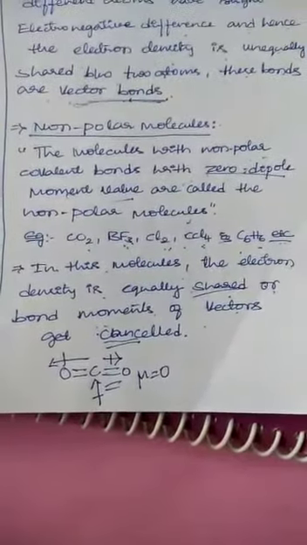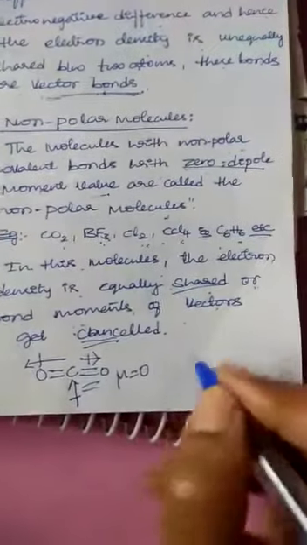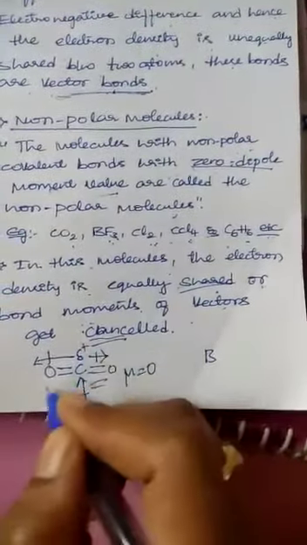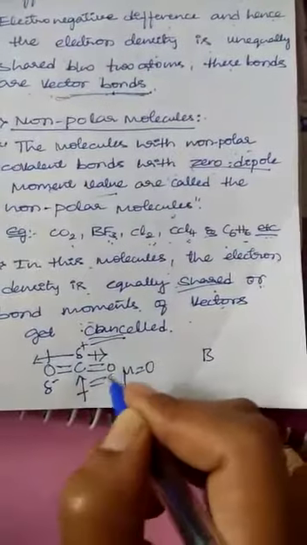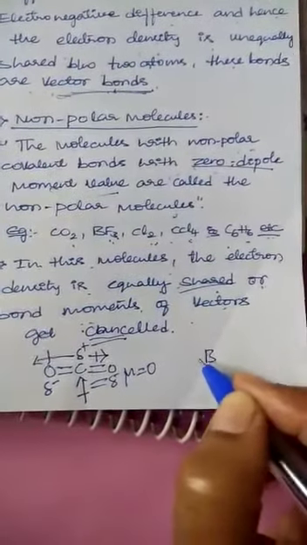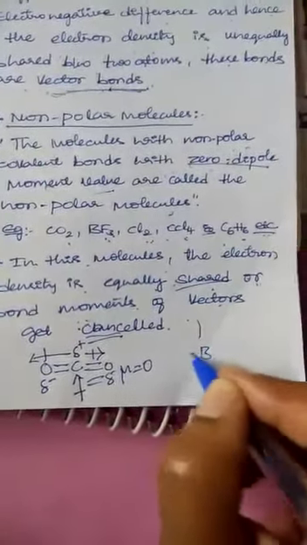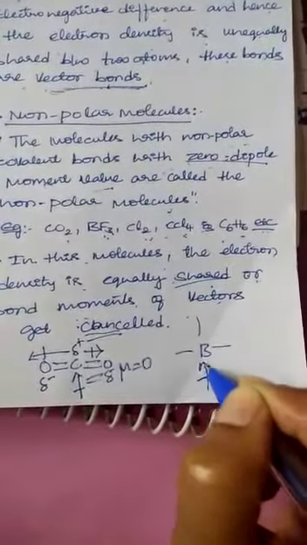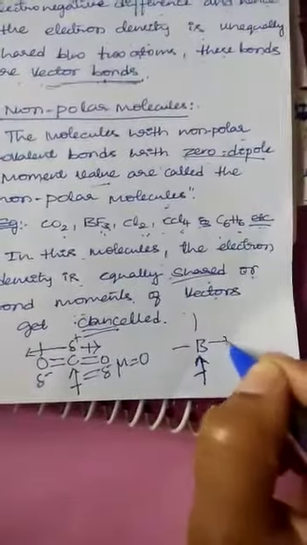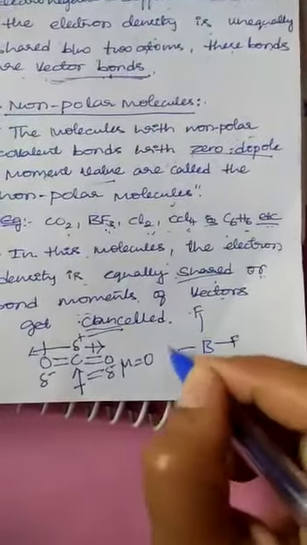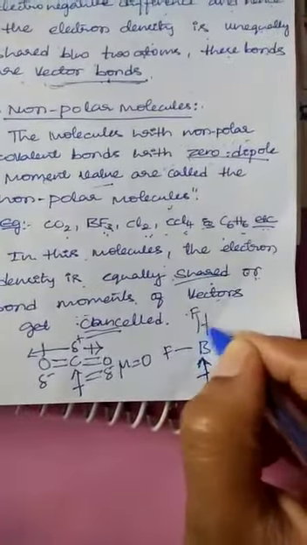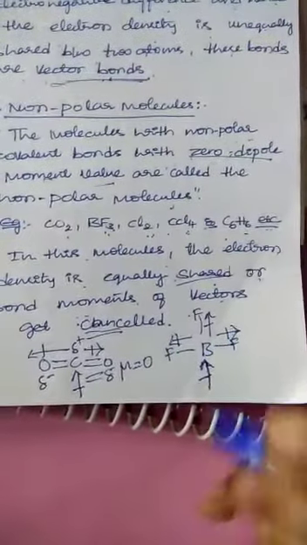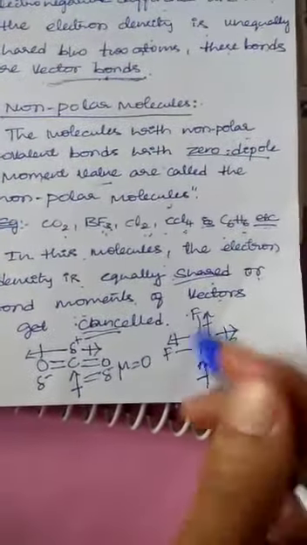In the case of BF3 also, the net dipole moment direction is like this, but the bond directions are like this. Why are the bond directions like this?